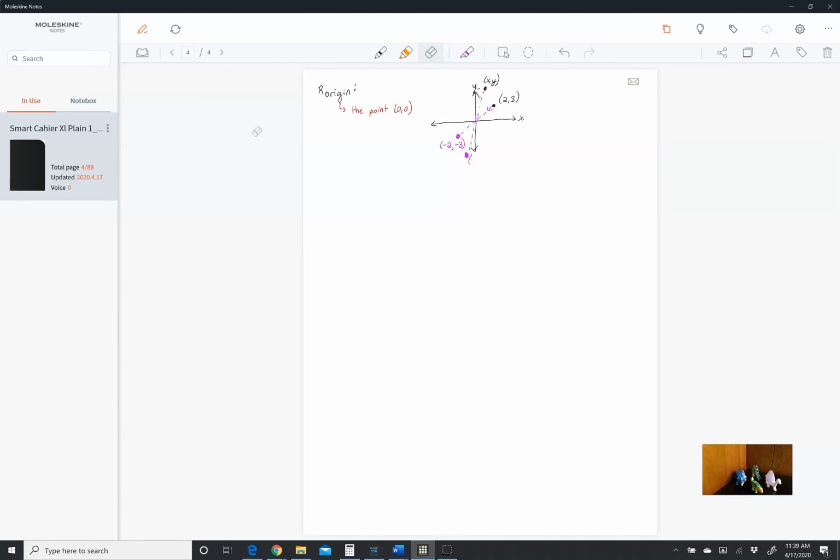So this would be negative x, negative y. Both things are changing. And the same thing is true if we're in a different place. So if we're over here, if this is our x comma y, okay, then our reflection is also negative x, negative y.